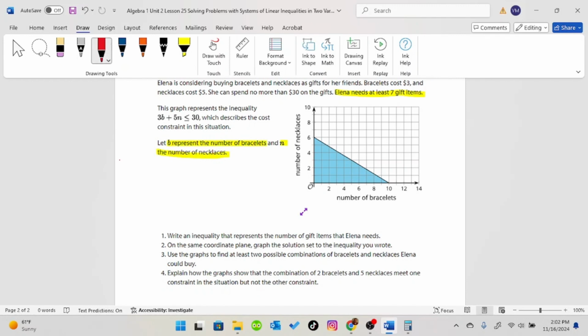So to write the inequality, when we take the number of bracelets and add it to the number of necklaces, at least 7 means it can be greater than 7, it can equal 7, it just can't be less than 7. So this would be our inequality for number 1.